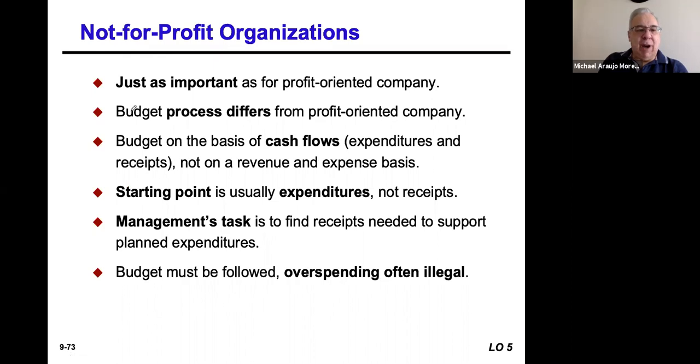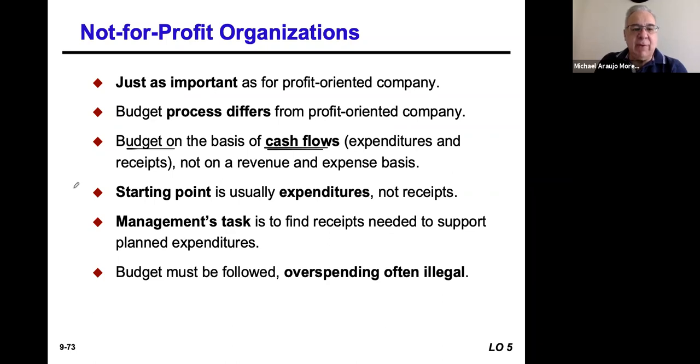For a not-for-profit organization, it's just as important that they also do their budgets appropriately, as if they were a profit-oriented company. It differs a little bit, because normally speaking, the budget that they use is going to be based on their basic cash flow, right?